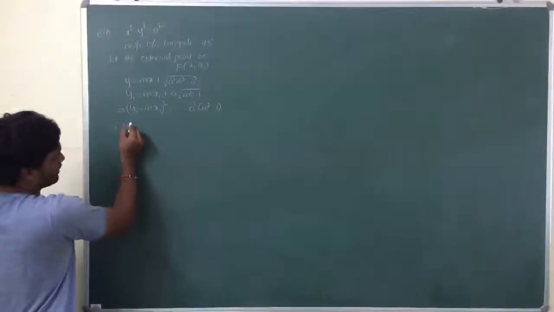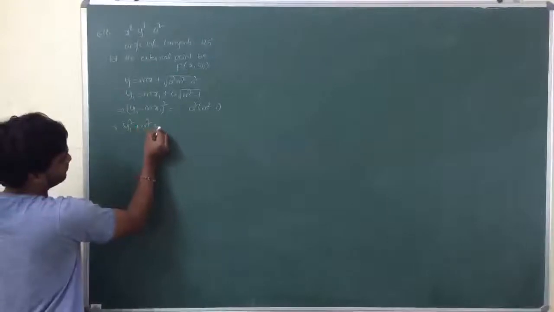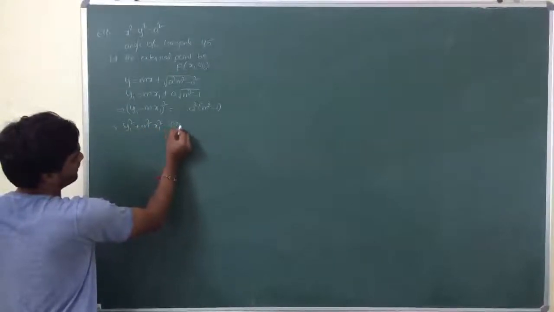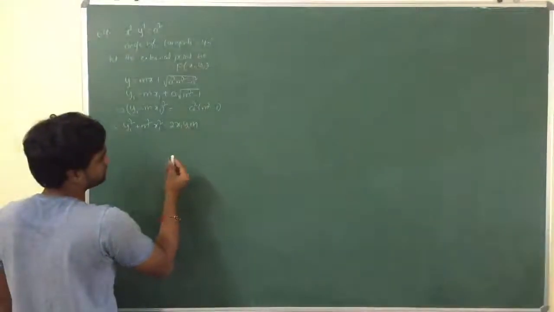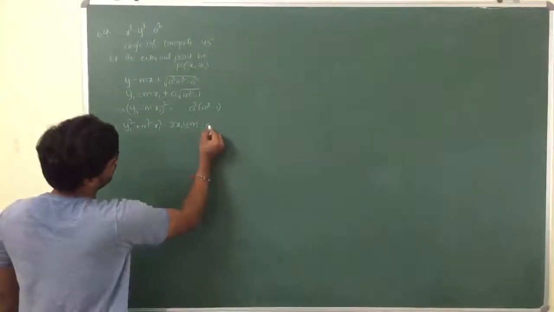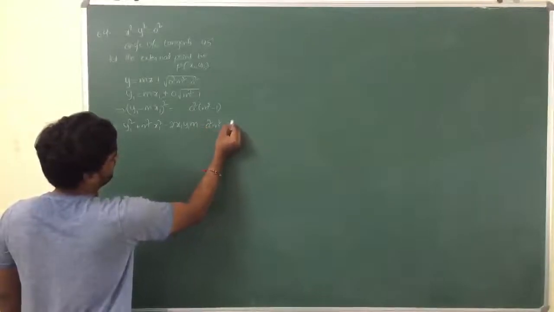Expanding, y1 square plus m square x1 square minus 2x1 y1 m is equal to a square m square minus a square.